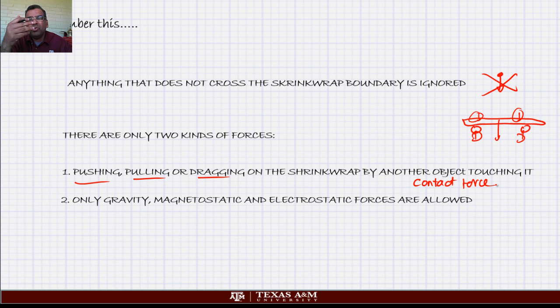And in our case, we don't even care about magnetism and electrostatics. We are only worried about gravity. So other than gravity, everything else has to be a contact force. This is hard for you to actually use because in your previous classes, you may have had all kinds of other things included. So you have to be very careful about doing this.